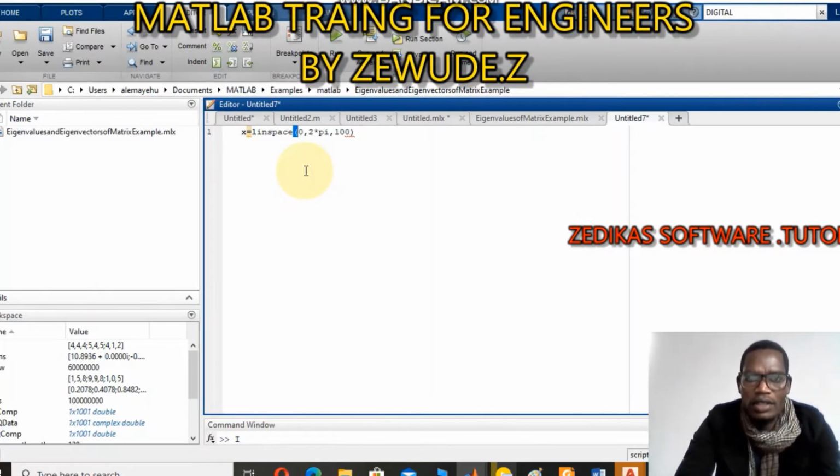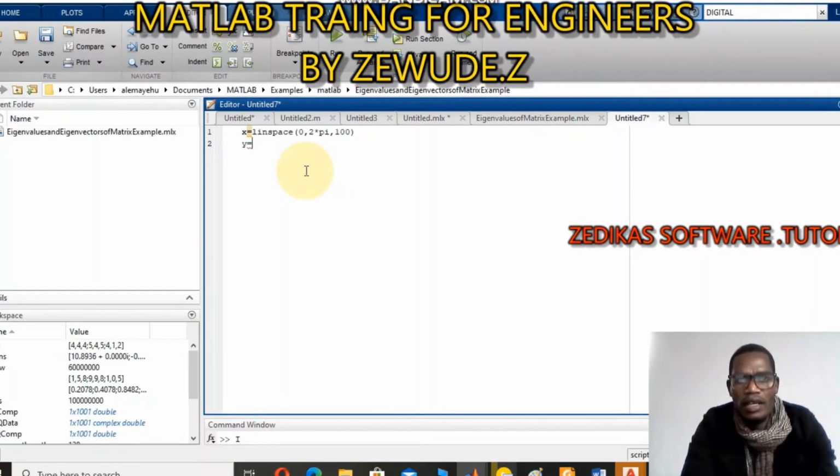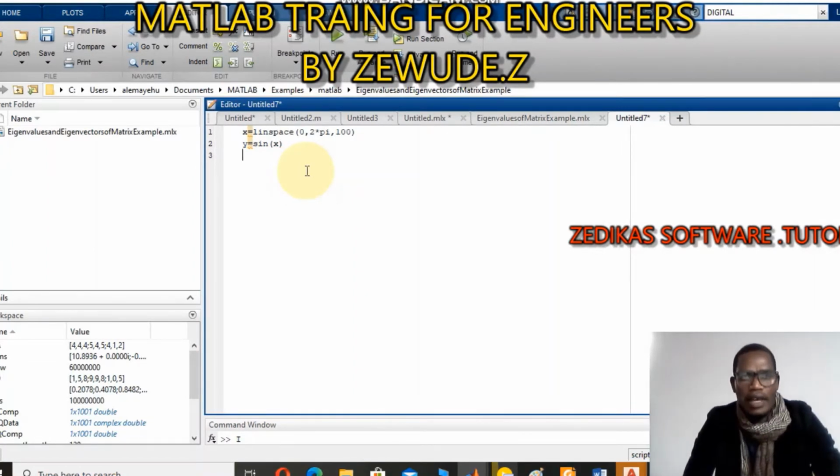So here is my x. And my y: my first y graph, where x is my input and y is the output value. So y is, let's say, sin x.